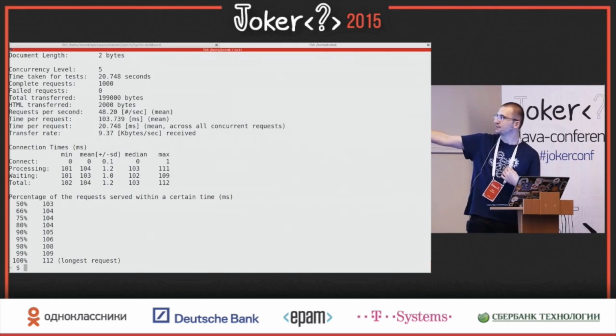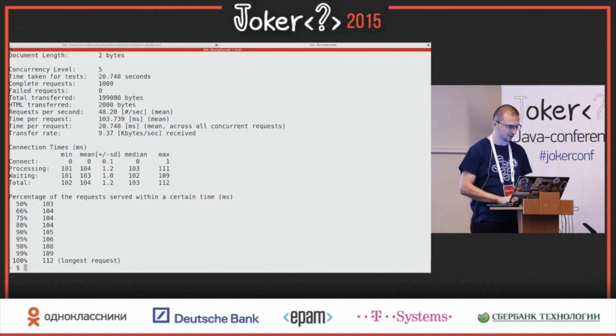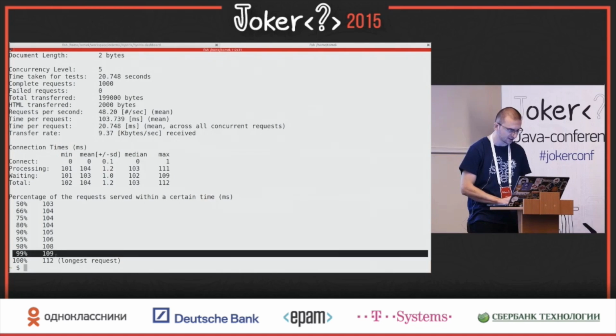So this is the response, and the good thing is that it doesn't even show you the mean value. It shows percentiles. The mean or the average is pretty much useless when you're measuring the latency and throughput in the system. So go for percentiles. And if you don't know what a percentile is, the definition is really simple. This line tells me that 99% of the requests were faster than 109 milliseconds, or at least as fast as 109 milliseconds.